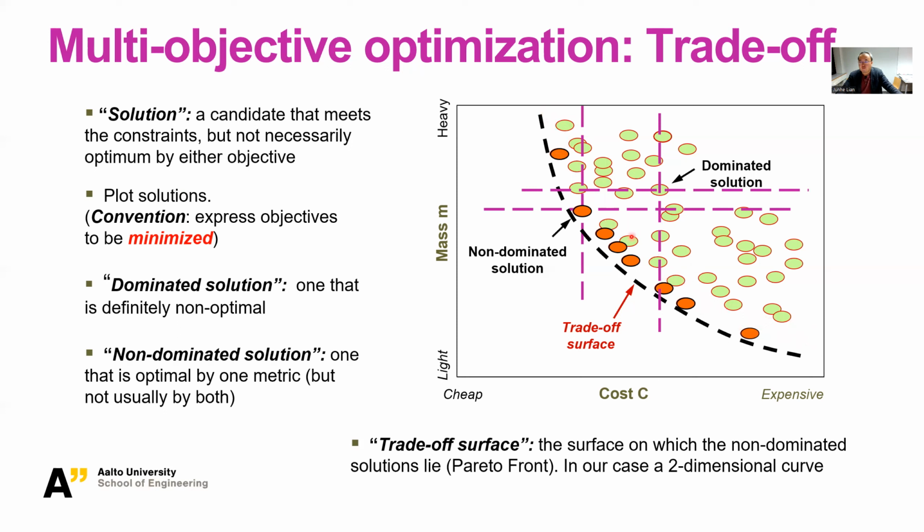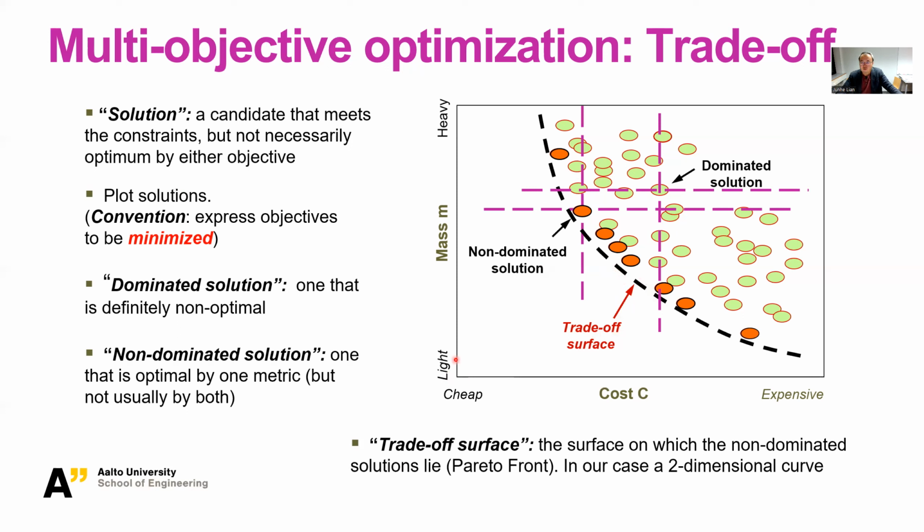Basically, the optimization is fulfilling a kind of banana diagram, and this is very typical in many engineering problems. It's kind of a banana shape. We therefore call this shape on this front, or this surface if you have it in a 3D plot with mass, cost, maybe CO2 footprint or something like that, a trade-off surface.